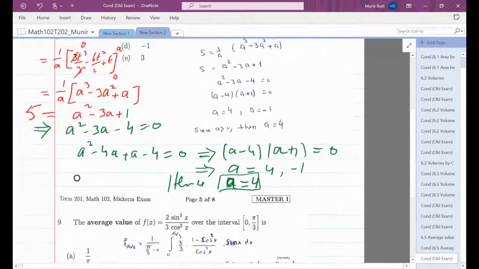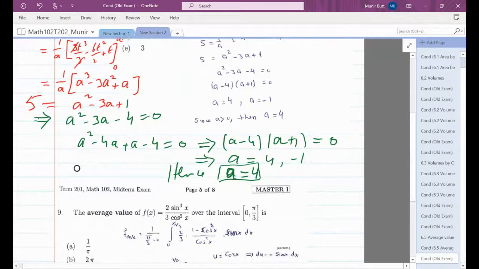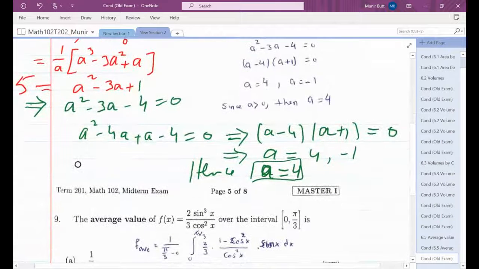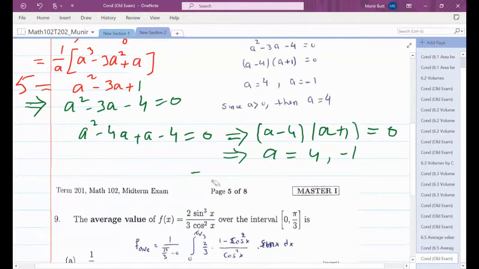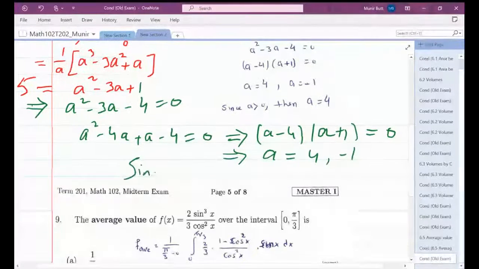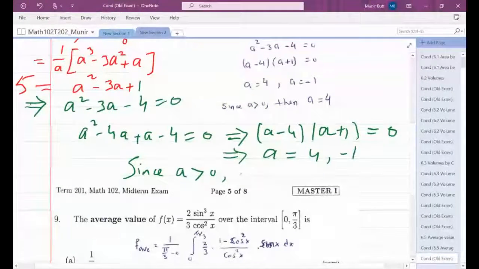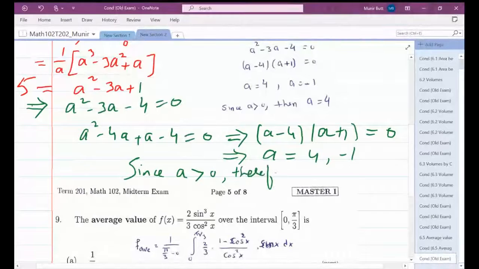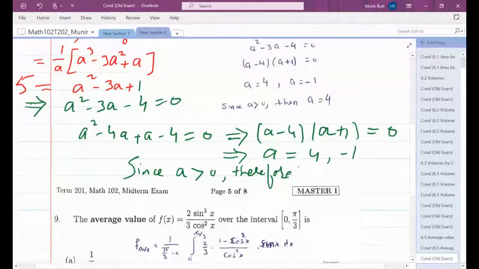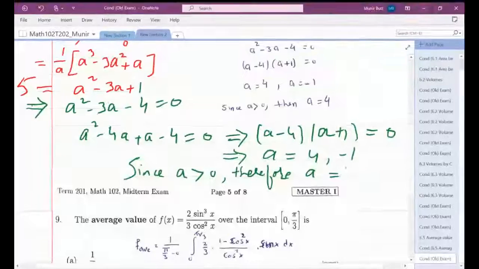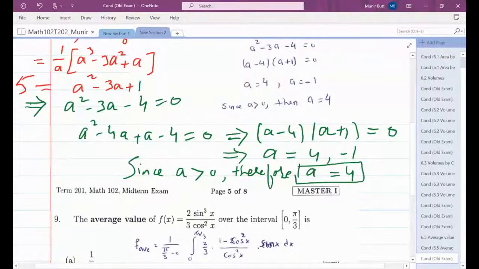Okay, now there is one more question, and I ask you to solve it by yourself, but I give you the idea. So what is the question?